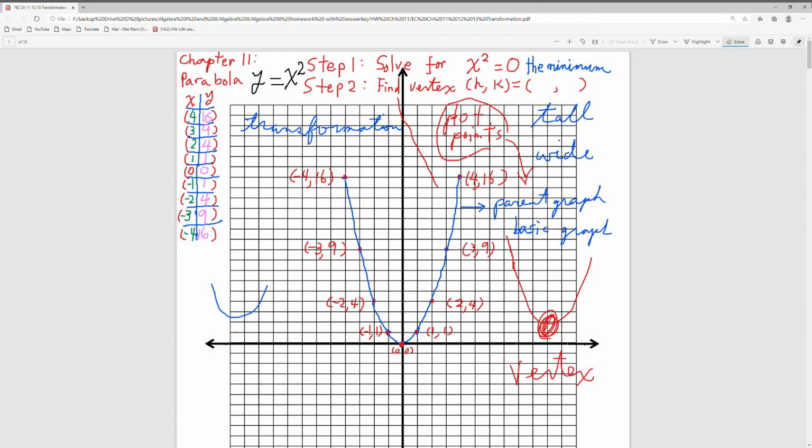Therefore, in this video, you need to learn how to find the vertex. After you can find the vertex, you have all the information you need. Okay, so let me erase this.